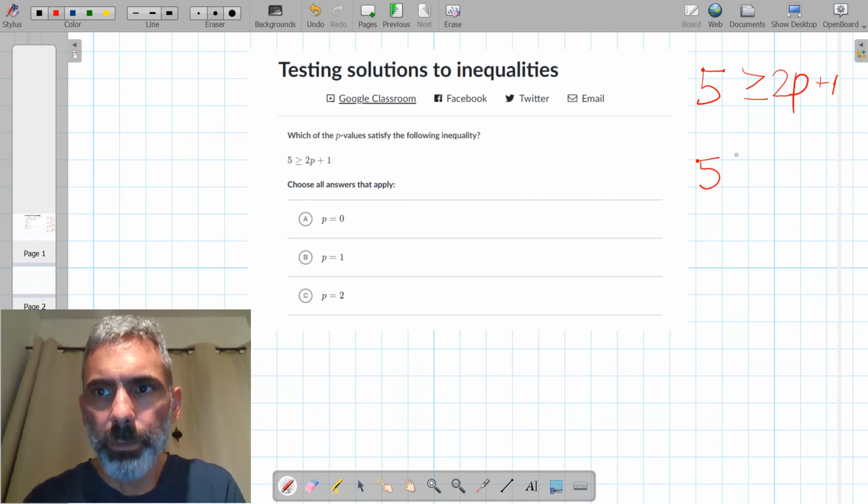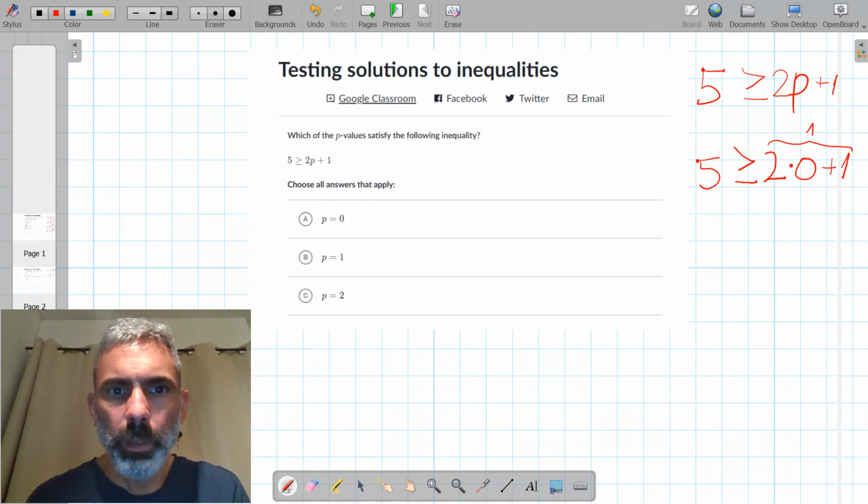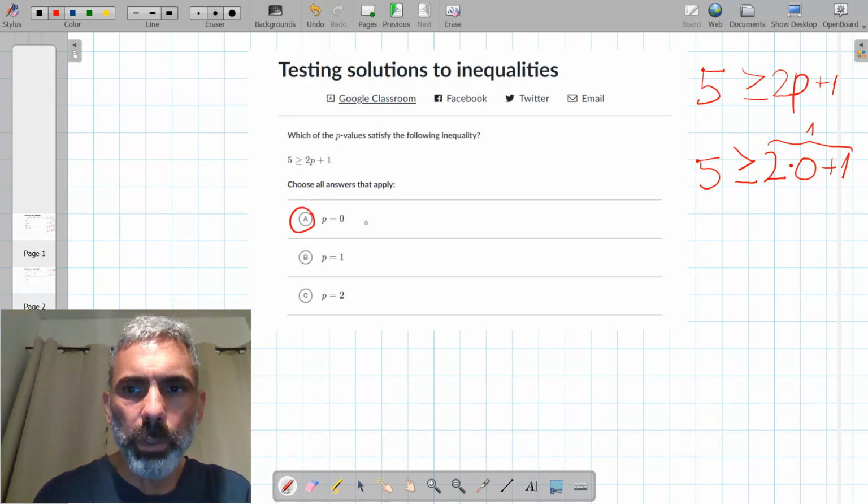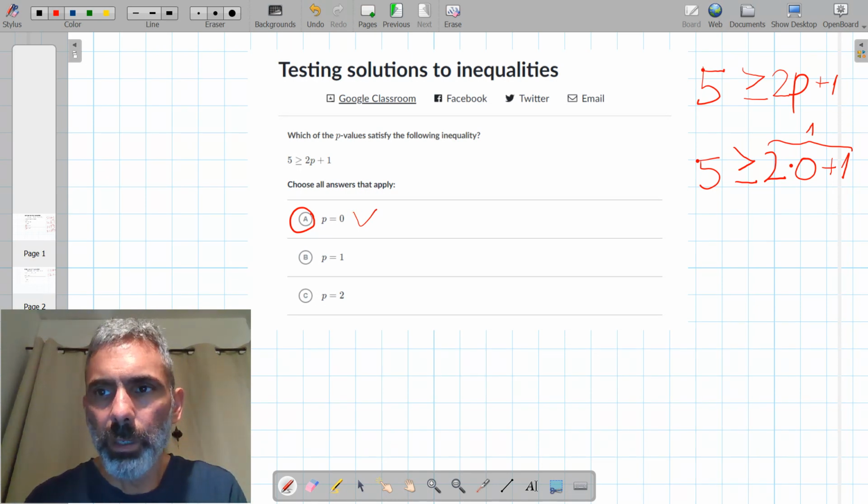So 5 is greater than or equal to 2 times 0 plus 1. 2 times 0 is 0, 0 plus 1 is 1. So on the right hand side of the inequality we have 1. So this option is correct because 5 is indeed greater than 1.